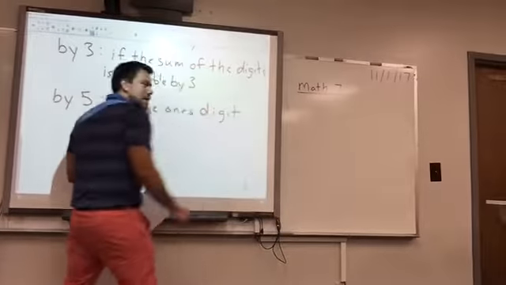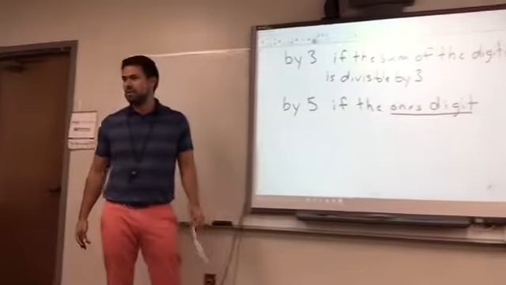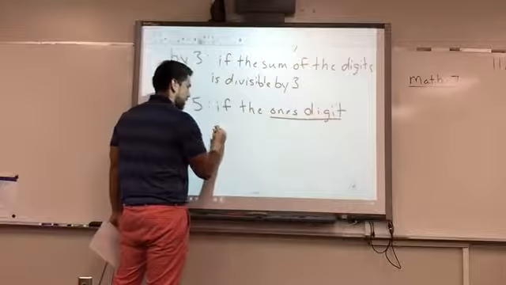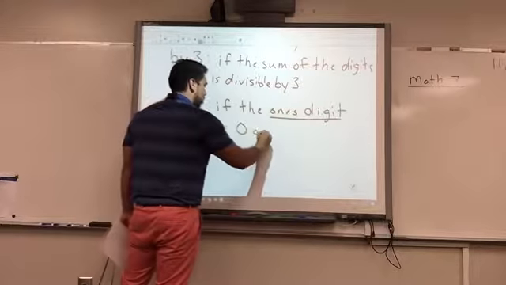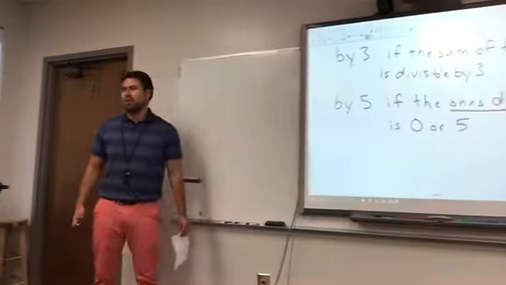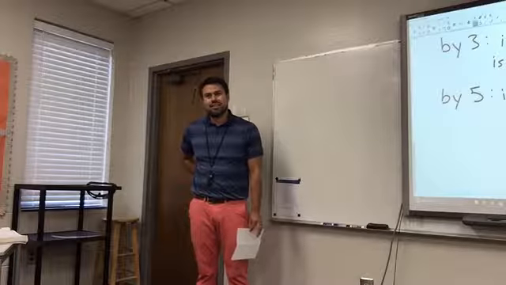Now, do you notice I keep saying ones digit? Why don't I just say the number ends with 0 or 5? If the ones digit is 0 or 5. Does anyone know why I don't just say the last digit? Yep. Okay. Cole?